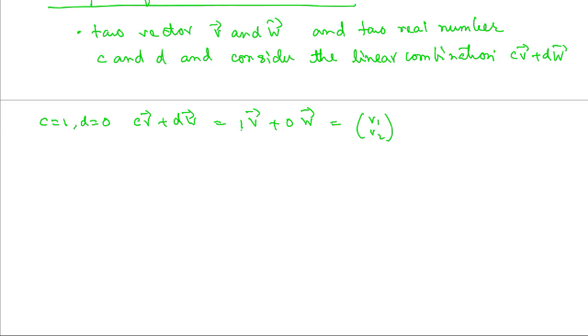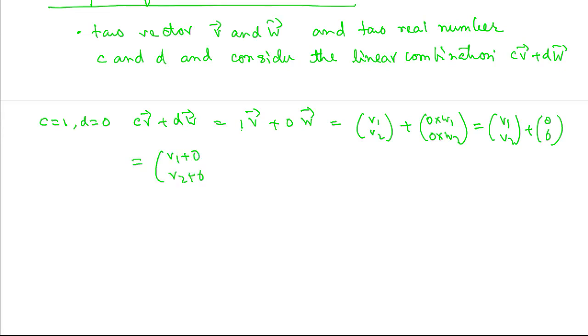On the other hand, 0 takes the place of d, and now 0 times w1, 0 times w2, which means you have (v1, v2) plus (0, 0). v1 plus 0, v2 plus 0 is v1, v2. So that's all we got. We got v, simply. Just because we have 0 here, it eliminated w. And if it is 1, it's as good as not writing anything next to v.